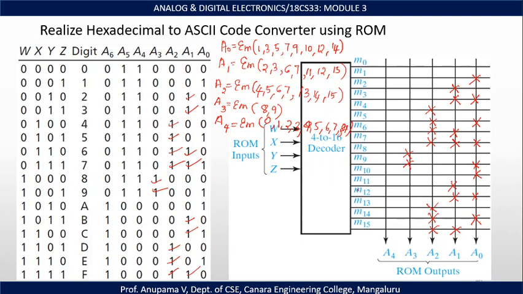So in the ROM array, mark M0, M1, M2, M3, M4, M5, M6, M7, M8 and M9 of A4. Now we have implemented the hexadecimal to ASCII code converter using ROM.